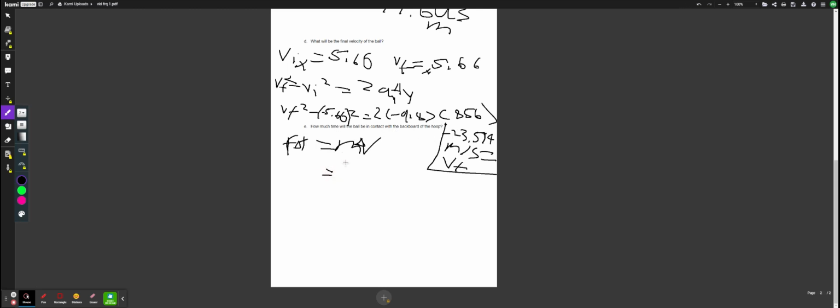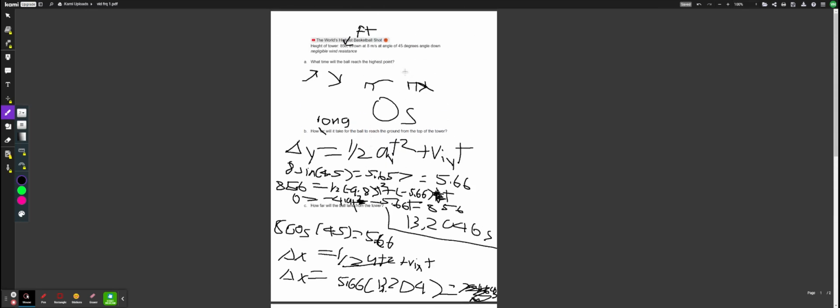So what we're trying to figure out is the time it was in contact with the backboard. So first, mass. Excuse me, I never gave the mass for the ball. So the mass of the ball will be 1.3 kilograms.